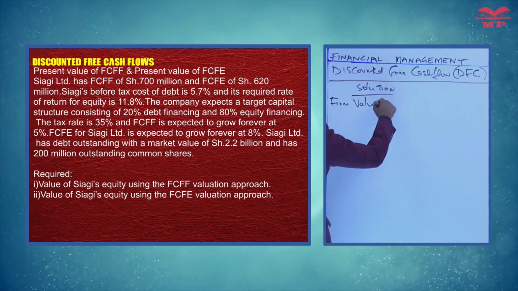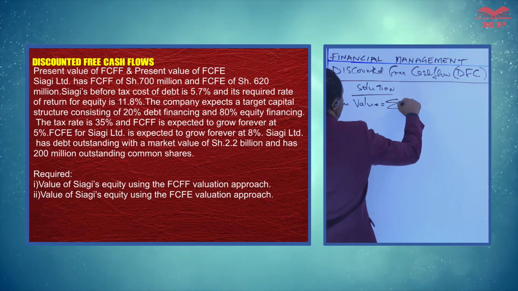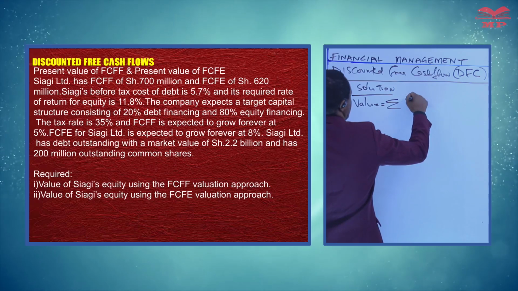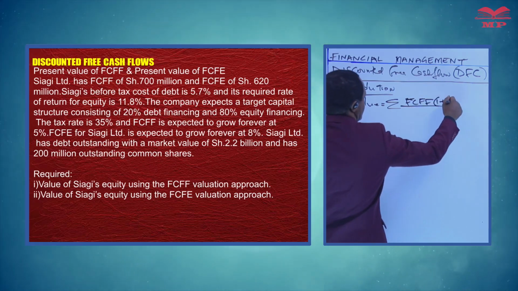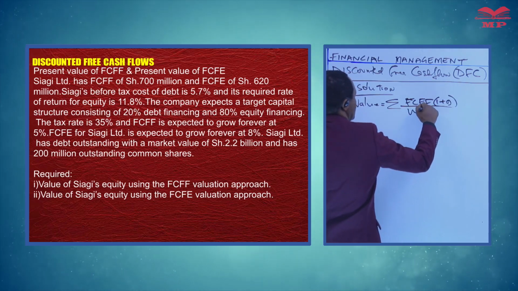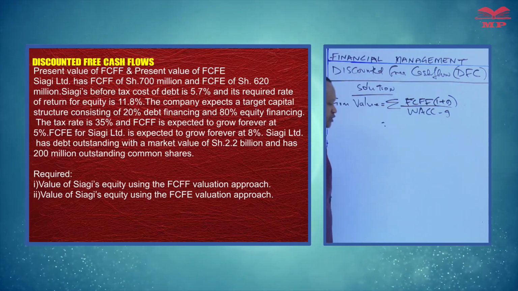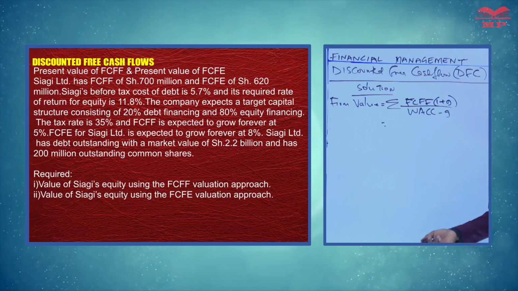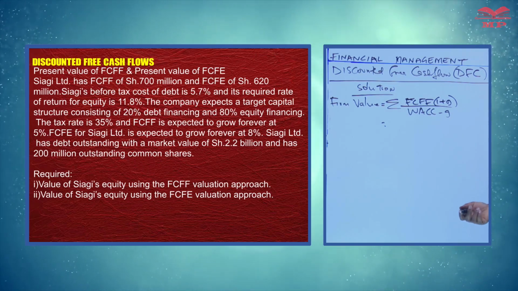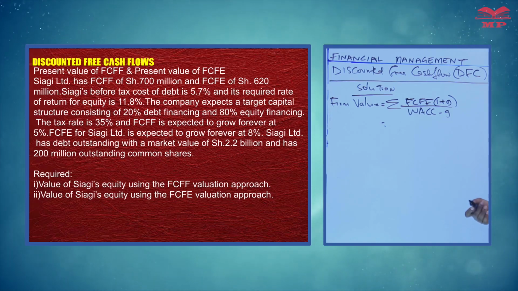The formula, we have it, summation of free cash flow to the firm. Candidates, do we have the inputs, the firm's value? Do we have the free cash flow to the firm?